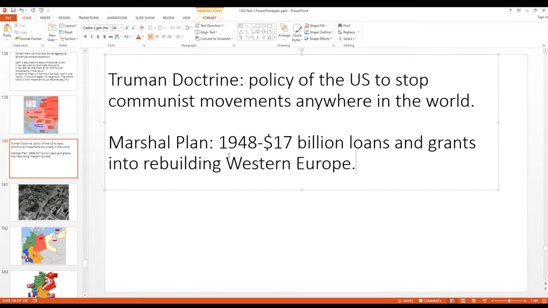The Eastern European nations were invited to participate in the Marshall Plan. Stalin's reaction was to simply crack down even further. There are more rigged elections in Hungary.